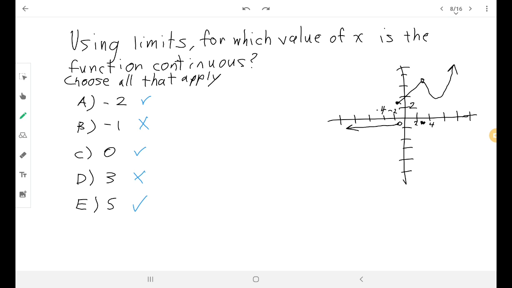So there's some ambiguity, or it seems like there's some ambiguity there, but the fact that there's an actual point to it tells me that it's not continuous, okay? That there is discontinuity. I'll give you a moment to look at that. And let's go on to our next problem.